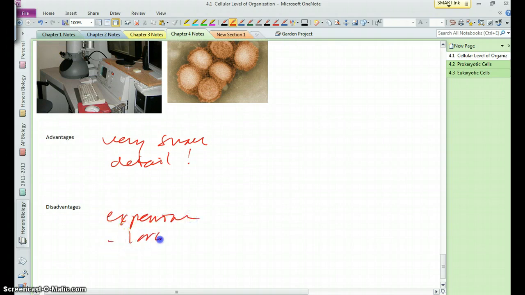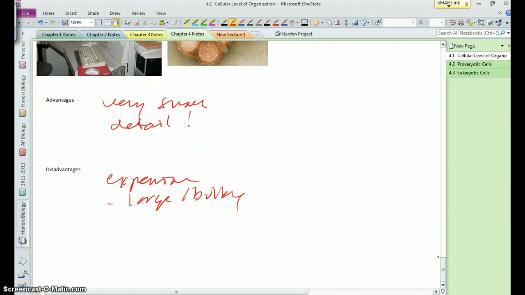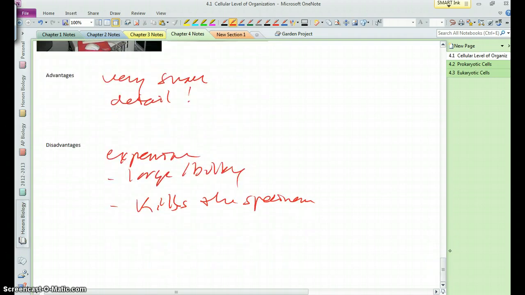They can tend to be a little large and bulky, although the newer ones are getting smaller. And the process of preparing the sample to see it basically kills the specimen, so you can't see it in its live state. Okay, there's section 1.